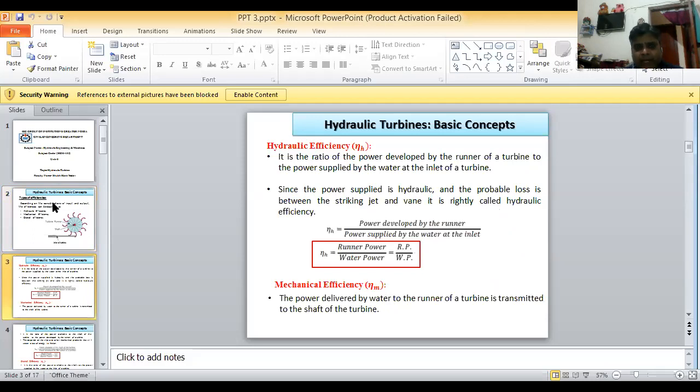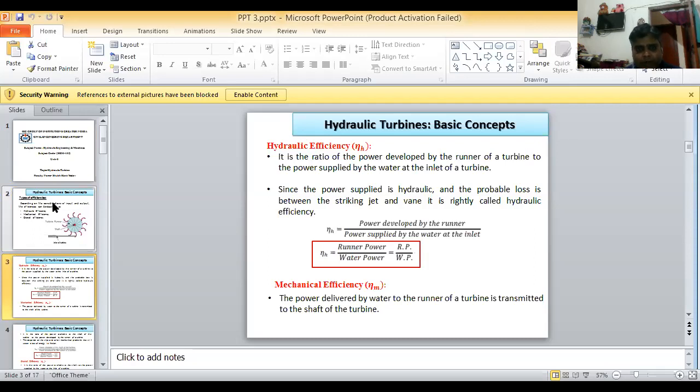It is denoted by ETH, and mathematically ETH is equal to power developed by the runner to the power supplied by the water at the inlet. That implies ETH is equal to runner power upon water power. This is the final term of the hydraulic efficiency.